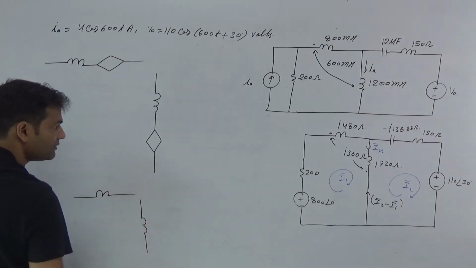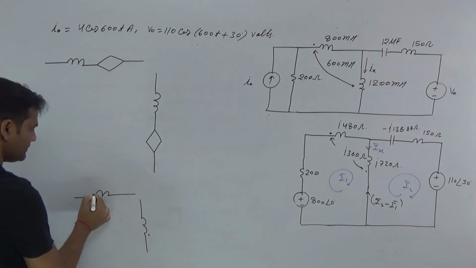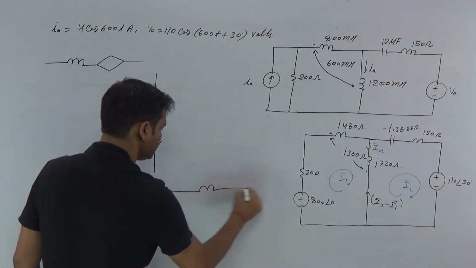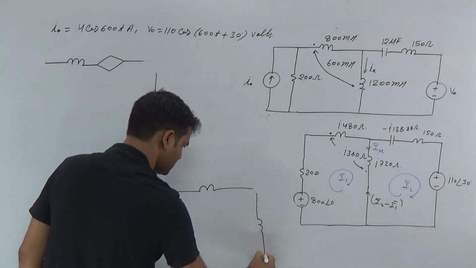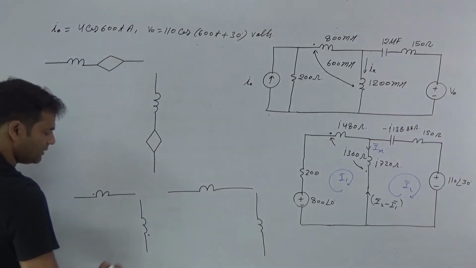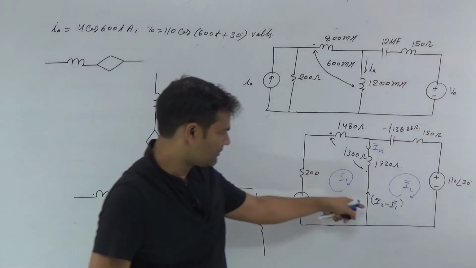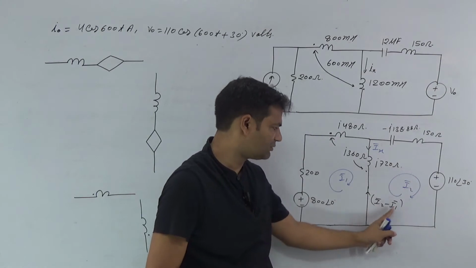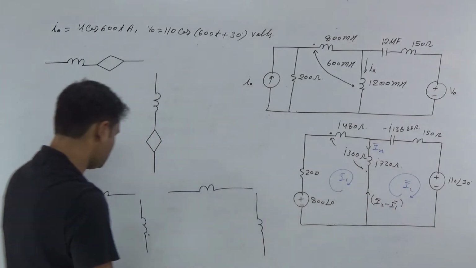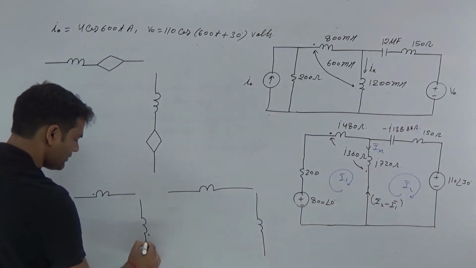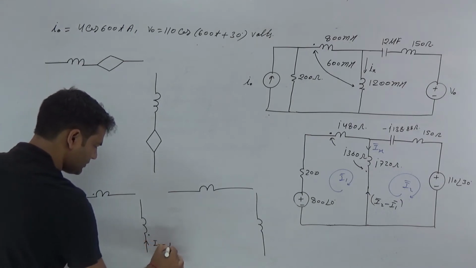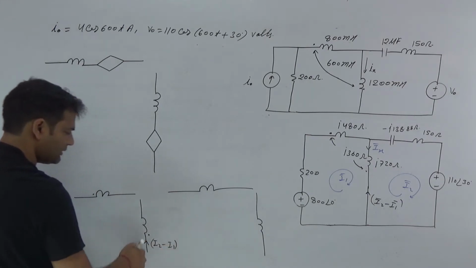For simplicity, this is dot and this is dot. Now what about current? Here I1, here I2, so this is I2 minus I1, with the direction of current like this.